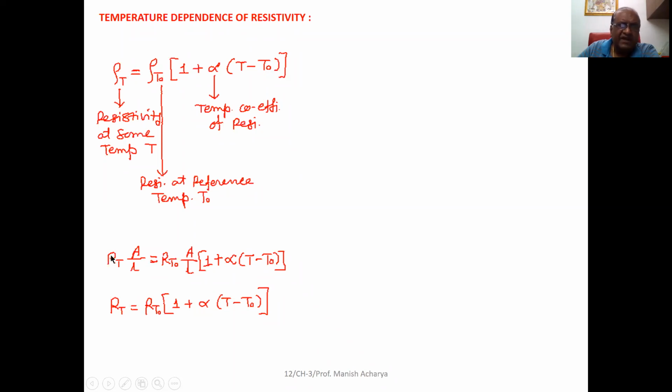So we can write R at temperature T into A upon L is equal to R at temperature T0 into A by L into bracket 1 plus alpha T minus T0. So A by L cancels. So resistance at any temperature T is equal to resistance at the reference temperature T0 into 1 plus alpha T minus T0. Clear to all of you?